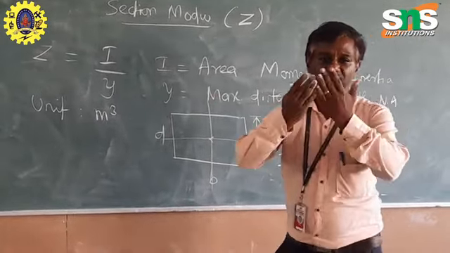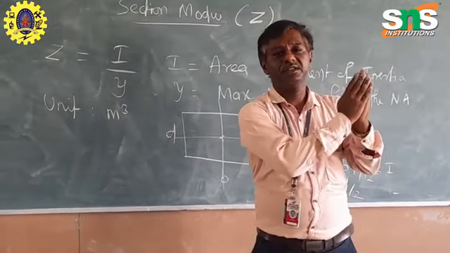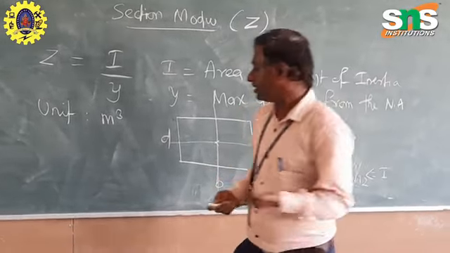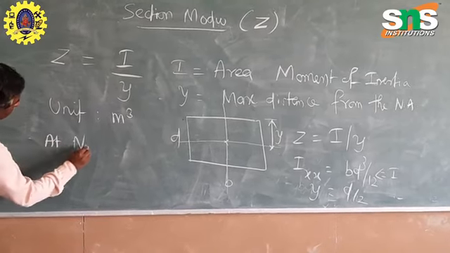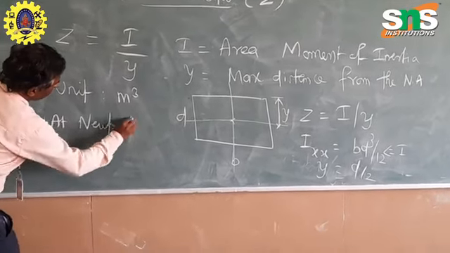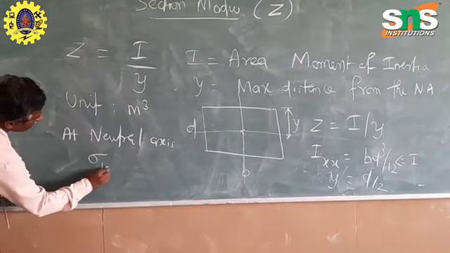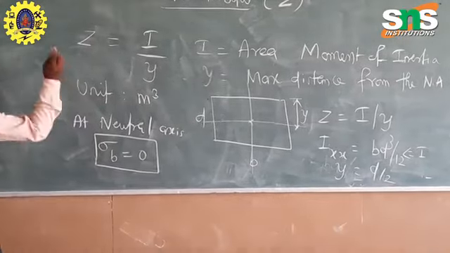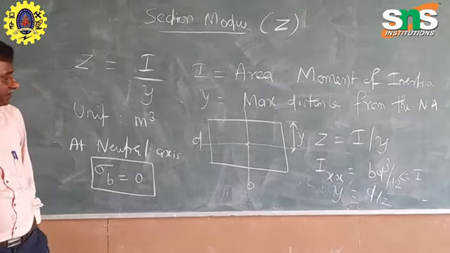At the neutral axis, the bending strain will be equal to 0. So at the neutral axis, the bending strain or bending stress is equal to 0 for any section.